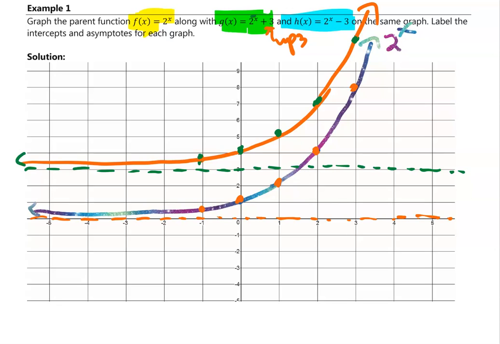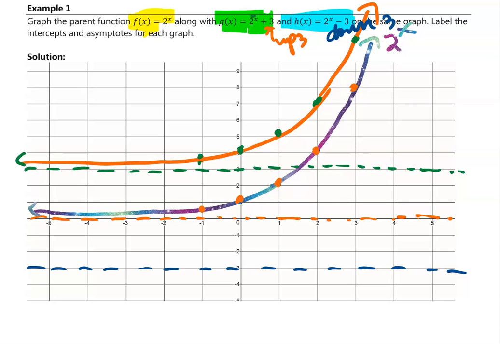Okay, then the other one, 2 raised to x minus 3, negative 3 meaning, yes, that is correct, down 3. So all the points, including the horizontal asymptote, let's go down 3. So 1, 2, 3. So you should have a horizontal asymptote here.